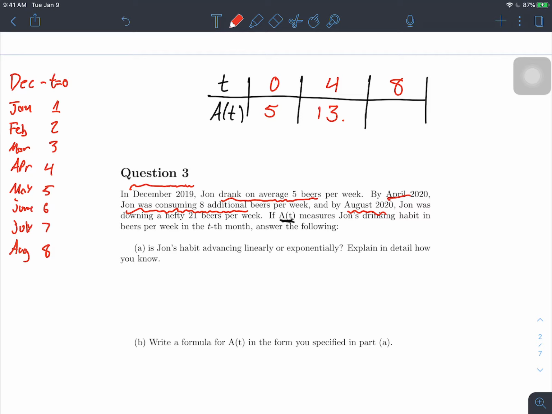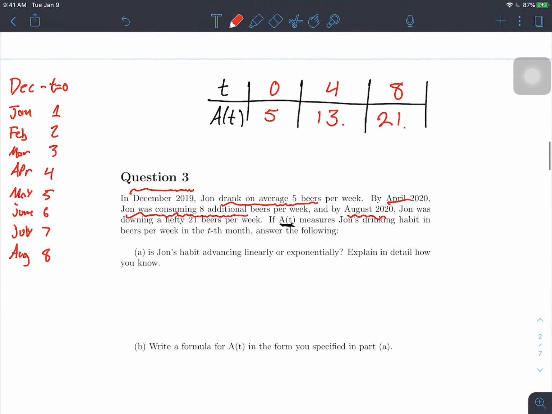It tells us the amount during this month is 21. Okay, so now we've got all of our information into a table. I think this is a good idea just to keep all of this information straight because it's kind of all twisted and tangled up in this word problem.